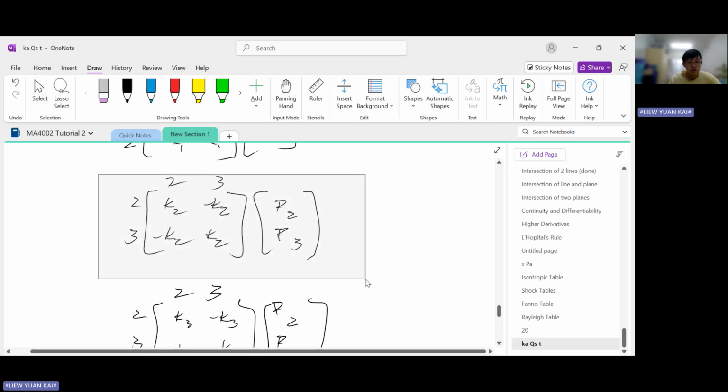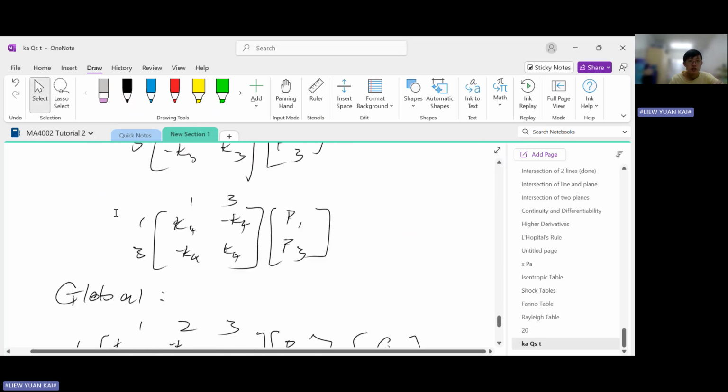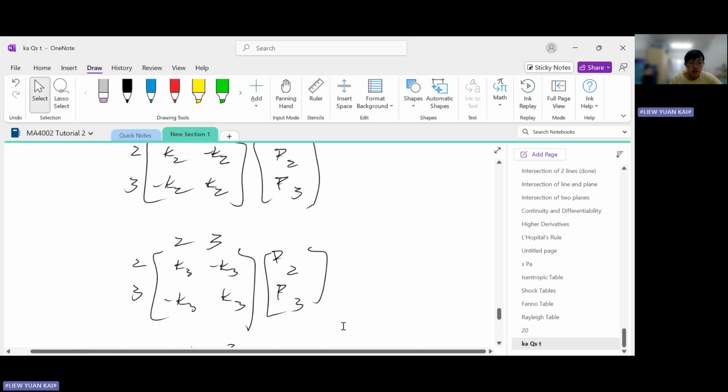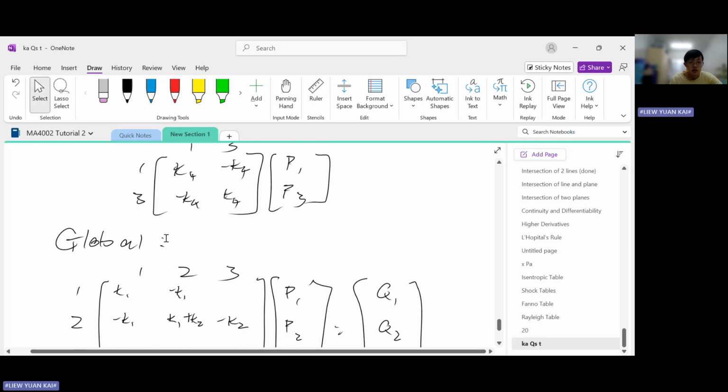Element 2 says focus on row 2, row 3, column 2, column 3, and then we will fill them with K2. Likewise, in element 3, it says row 2, row 3, column 2, column 3 has K3 terms.